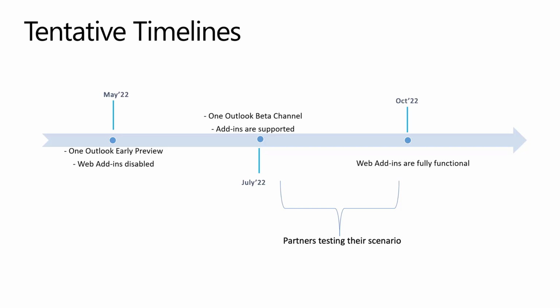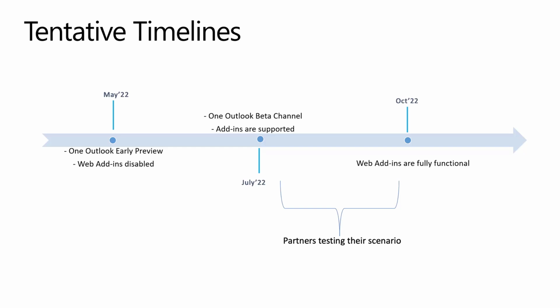And one more thing that I want to add is that during this transition, while One Outlook becomes more rich, it doesn't mean that the Win32 client is gone. It's still going to be available. They're going to coexist for a period of time. We don't know what the timeline is going to be, but they will coexist for a time.